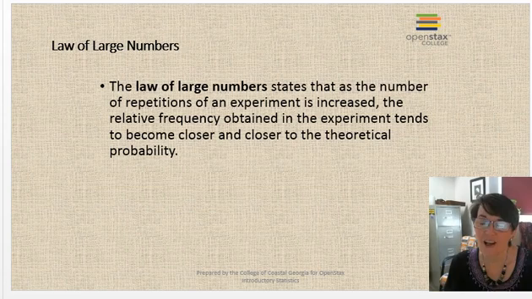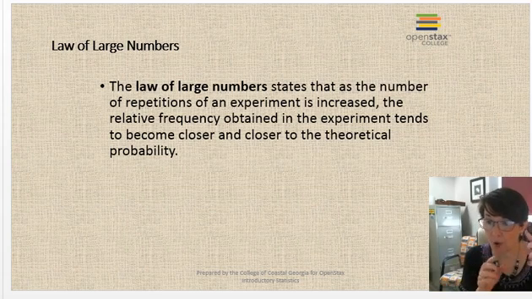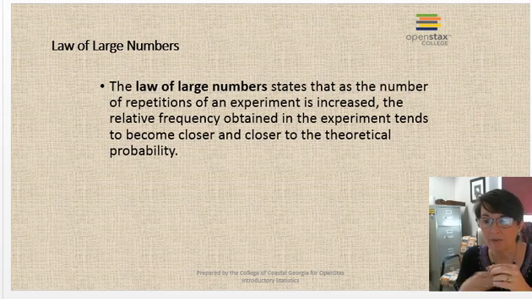The law of large numbers, that's hard to say, just means that we have in our minds what that probability is. Let's go back to rolling a 2 with that die. I have a 1 in 6 chance of rolling a 2. Well, does that mean that if I roll it 6 times, I'm going to get a 2? It does not. It means that that is the probability.